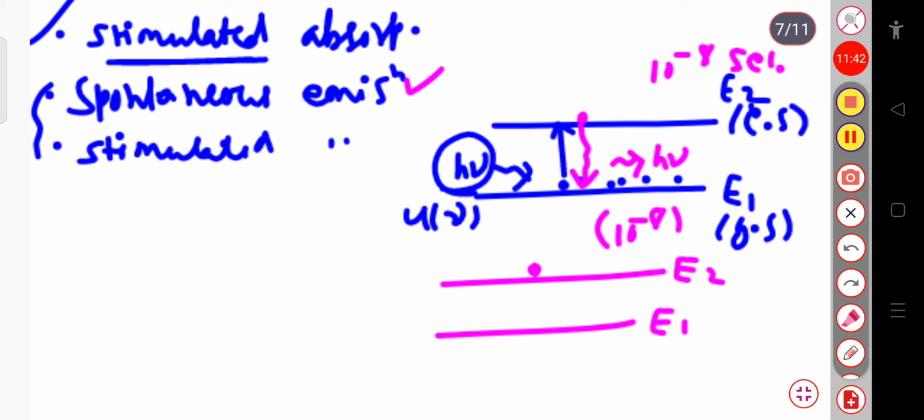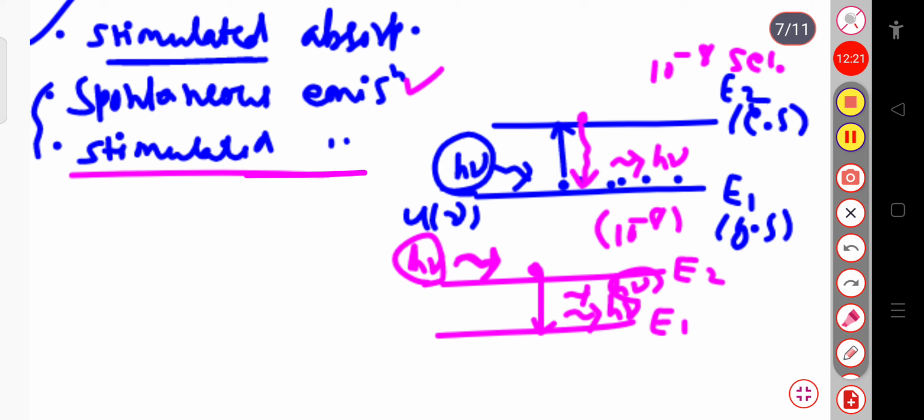If I give some additional energy, a photon of energy h nu, which falls on this atom, then it will not go to a higher state, rather it will jump to the lowest state by emitting energy h nu because of the energy difference E2 minus E1, as well as the photon that was given, which is also radiated as energy h nu. So there are two photons emitted in case of stimulated emission.